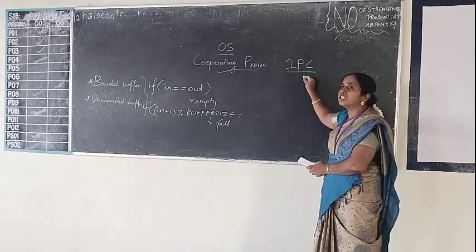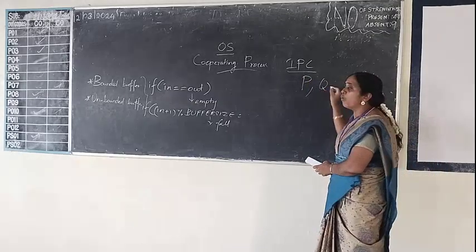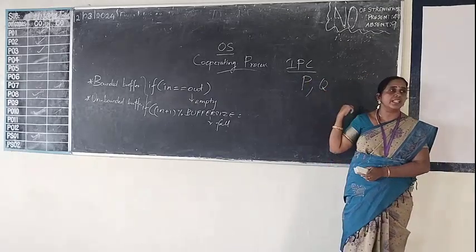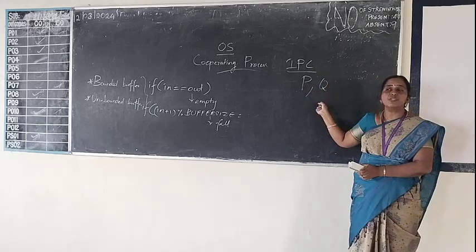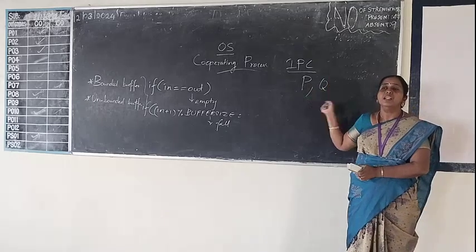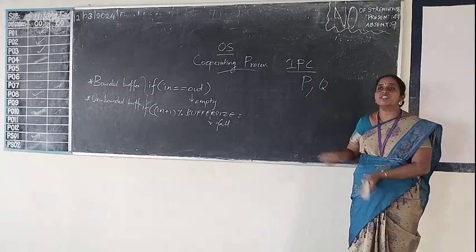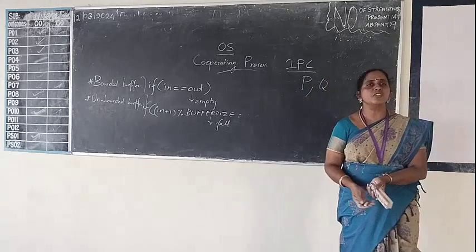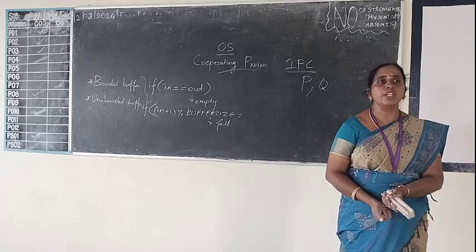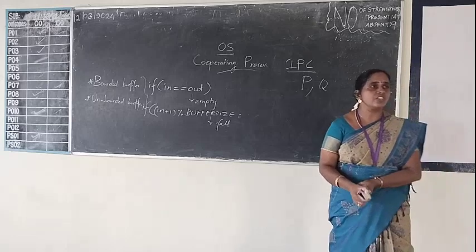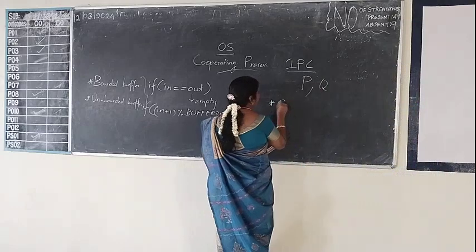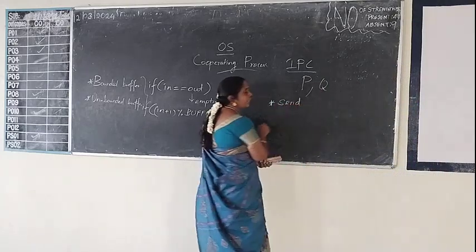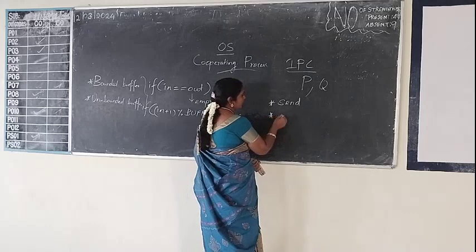When two classes P and Q want to communicate with each other, that is, if one class wants to send a message to another process, that can be performed by inter-process communication. In inter-process communication, there are two types of operations that can be used: send and receive.